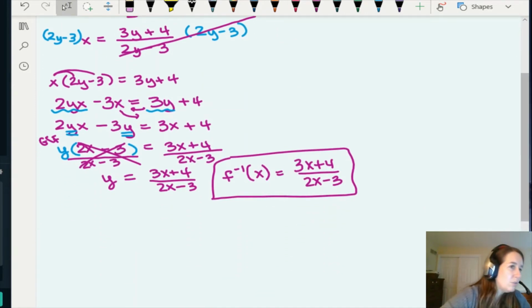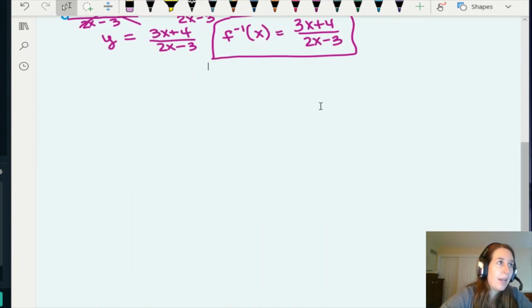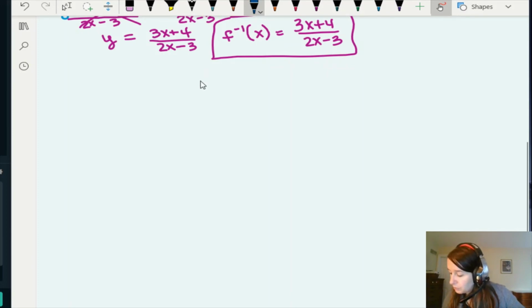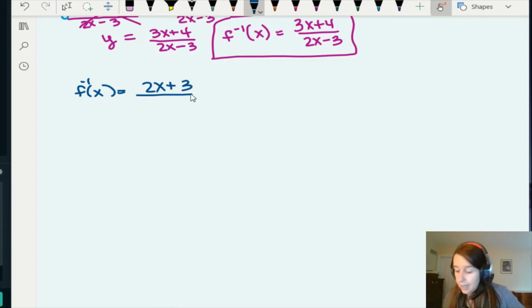All right, let's do just one more practice of those just to solidify that process in your mind. So, I want you to make sure you can understand it. So let's do, okay, let's do f inverse of x is equal to 2x plus 3 divided by x plus 2.